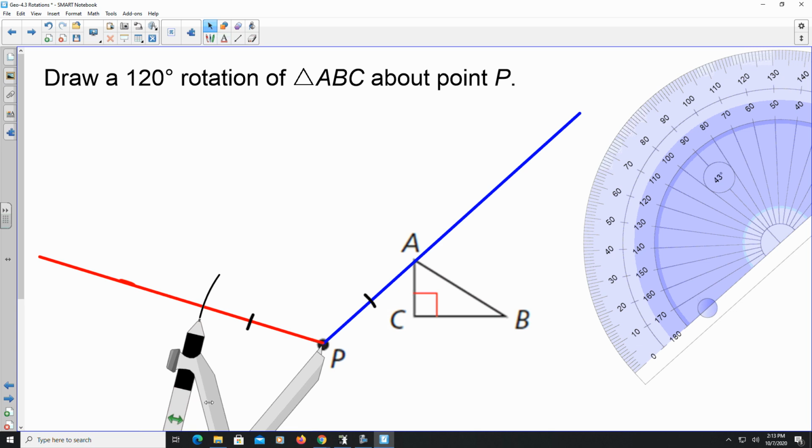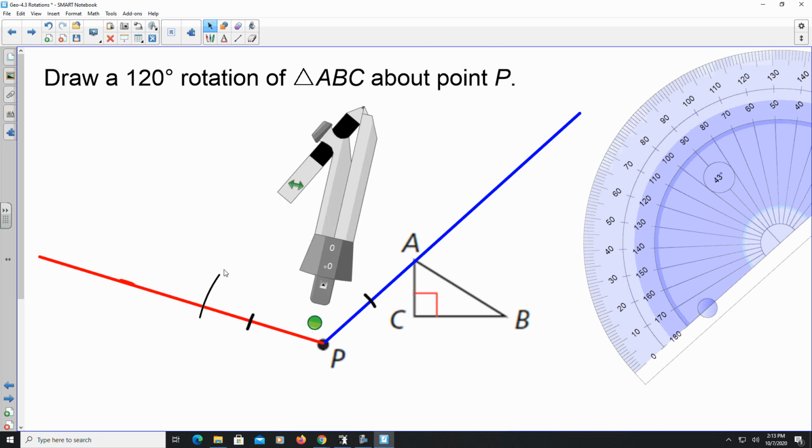Where that mark is, that is the location of A prime. So now that's where A prime is located. We did that with one of them, and now we have to do it with the rest of them.